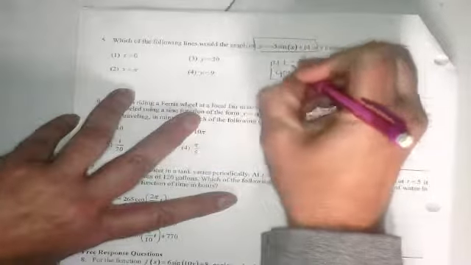On question number 5, which of the following would not intersect? I'm going to take my equation and find what the range is. That's going to be 14 plus or minus 5, which means we're going from 9 to 19. X equals 0 is the y-axis, so it will intersect that.